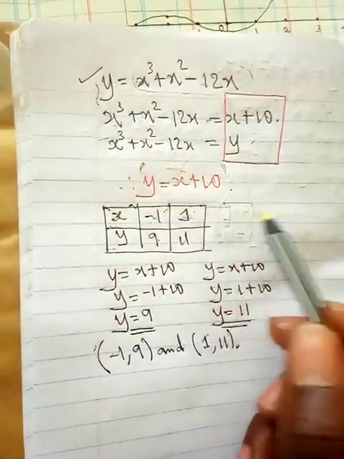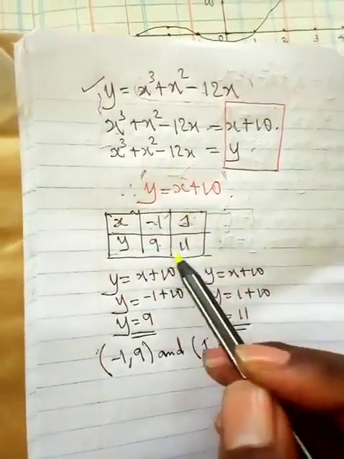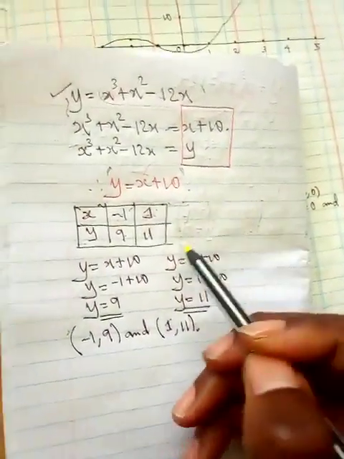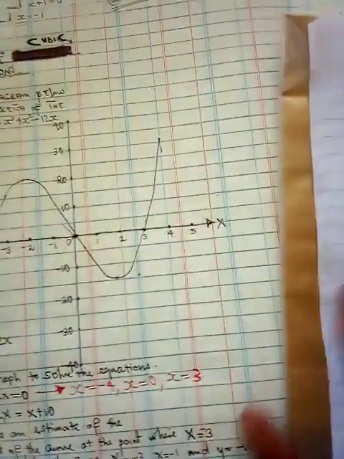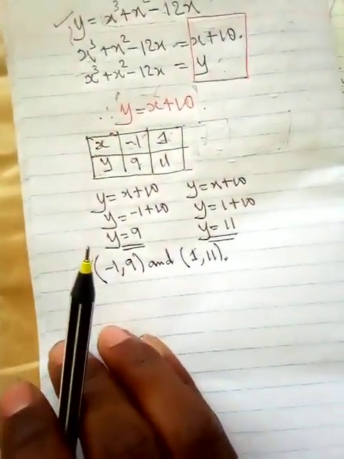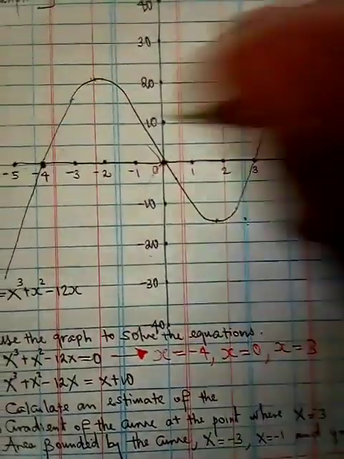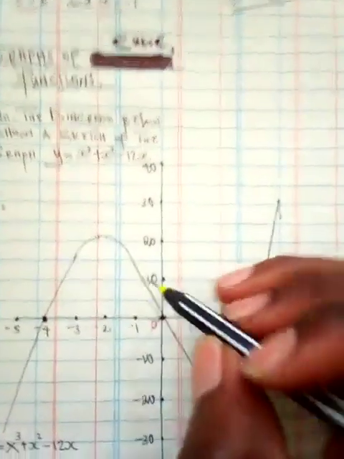You only need two values or two coordinates for you to plot your line. You don't necessarily need to reach your line to that end. So we are having -1, 9. Here we're just going to approximate.